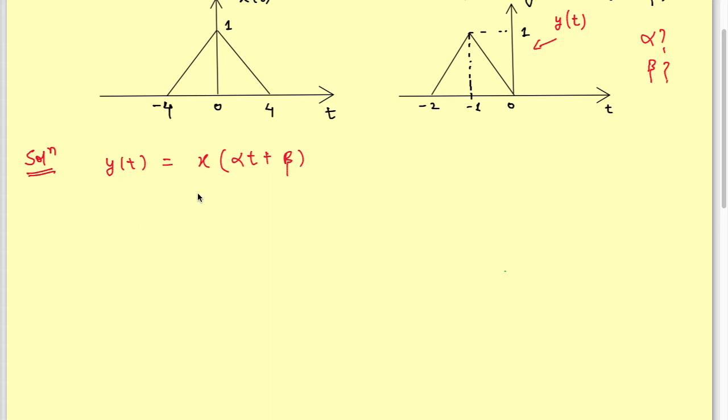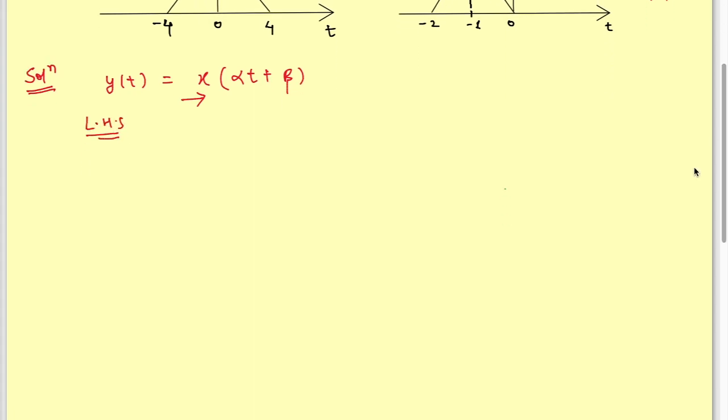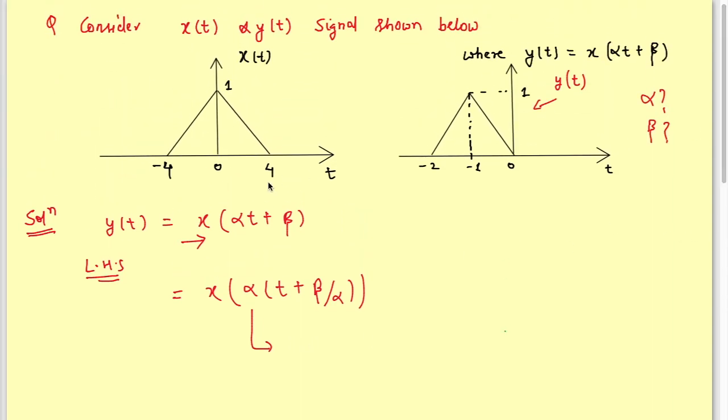If I move from the left hand side approach, I will take the coefficient of t common, so it will become t plus beta by alpha.